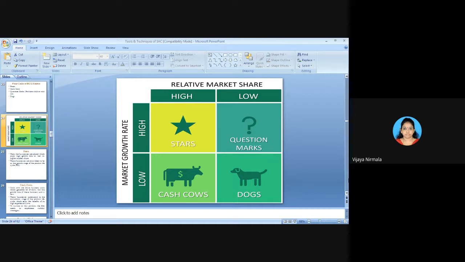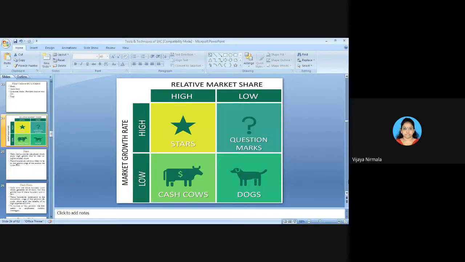If you sustain this market position as cash cows, and you are implementing some stability strategies, the profits generated from cash cows can be reinvested into stars or into question marks.